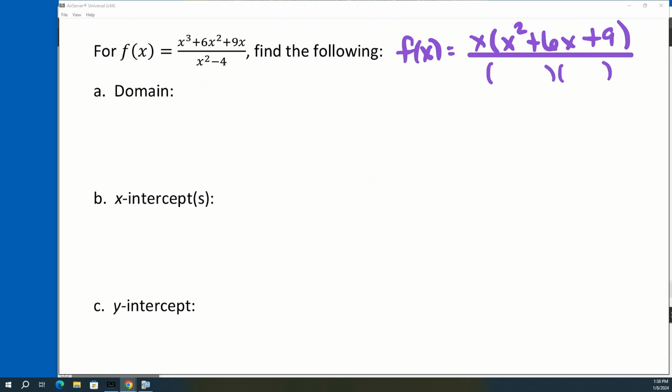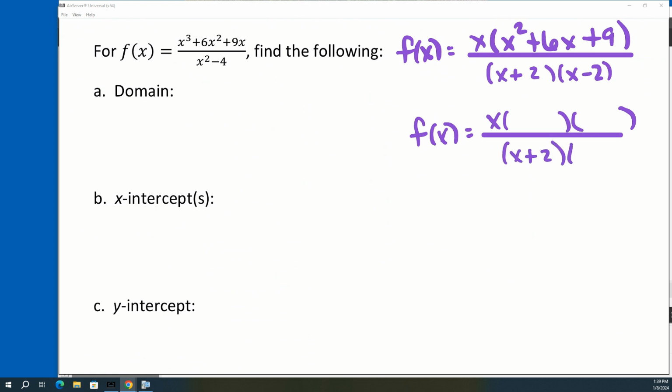Now the denominator, I can just straight factor. It's the difference of squares again. All right, and then to get x squared, obviously it's x and x.